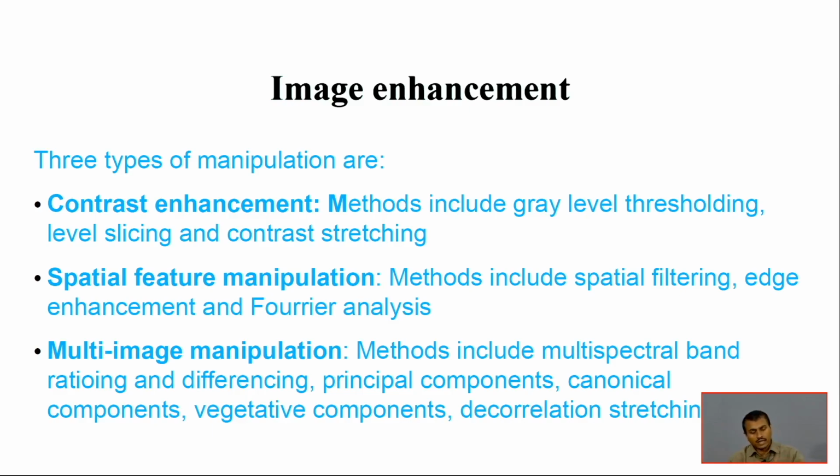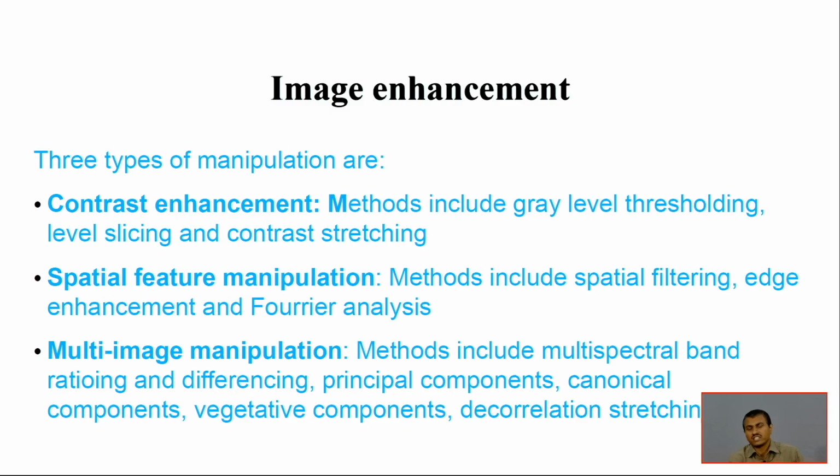There are three kinds of manipulation that we do for image enhancement. One is contrast enhancement, which applies gray thresholding, level slicing, and contrast stretching. There are a few functions available in MATLAB, I think imadjust, then adapthisteq, histeq, like that.